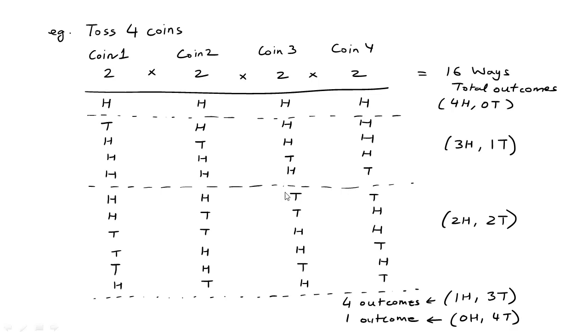There are clearly five different distributions corresponding to the 16 total outcomes in this four coin toss problem. The next thing we are interested to know is what is the probability of these different distributions, and in particular, what is the probability of the most probable distribution.